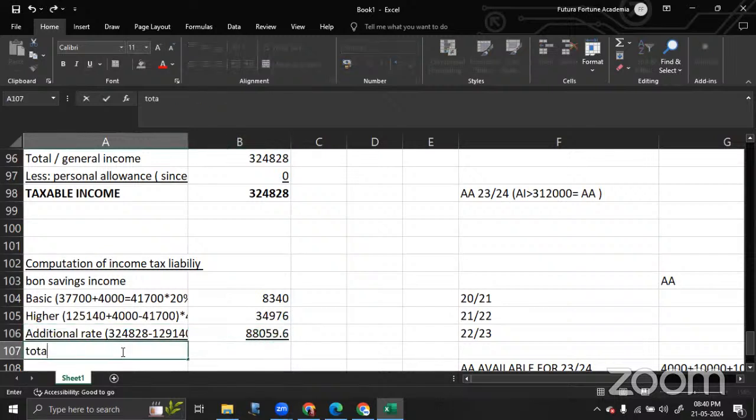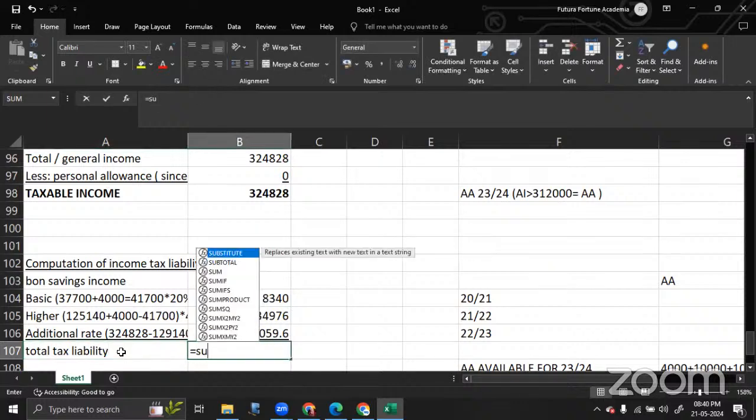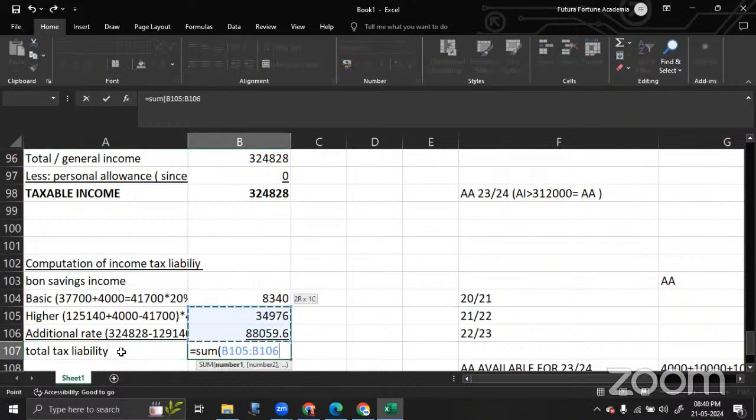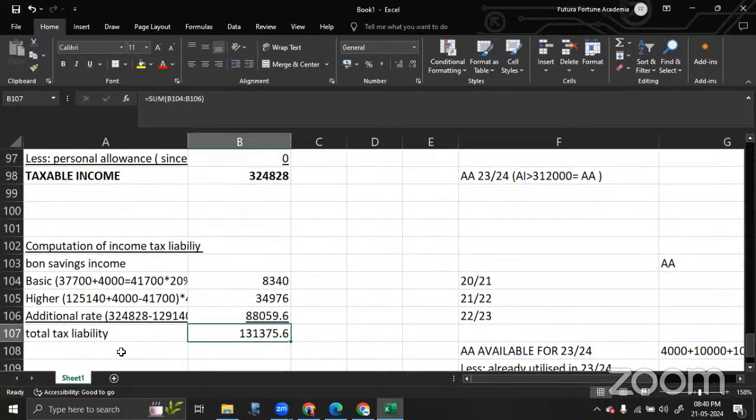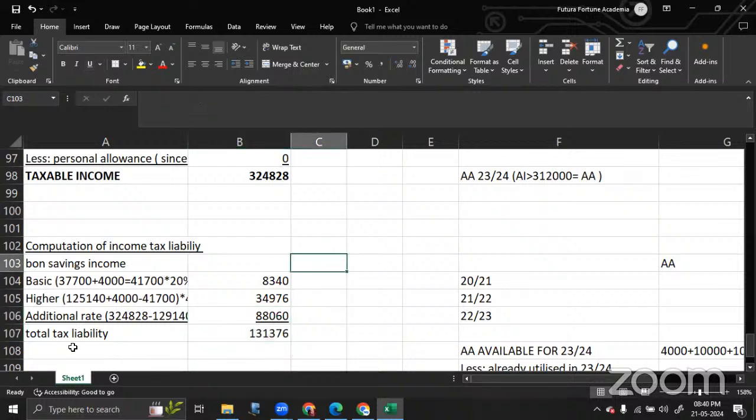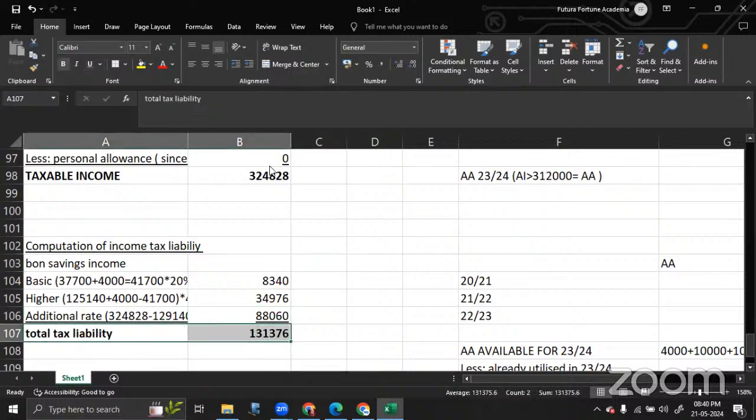This is your total tax liability. And please get rid of any decimals as well.